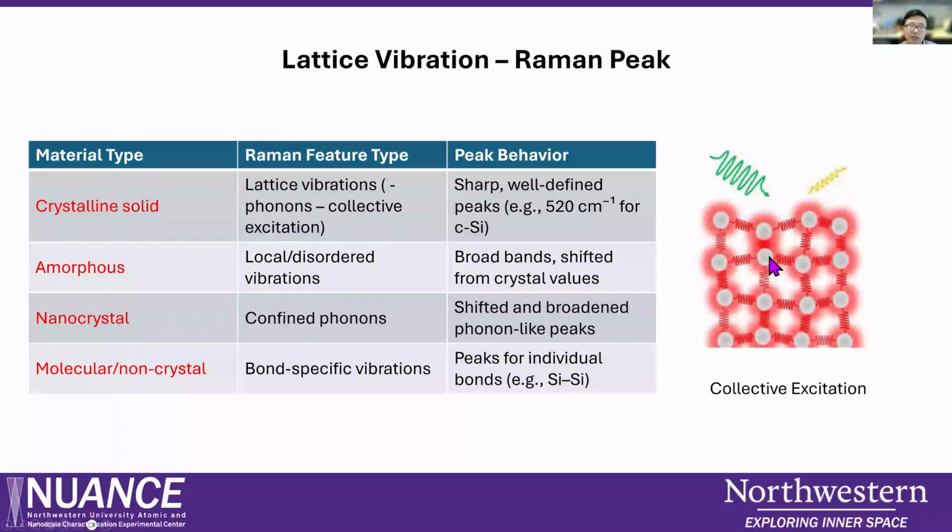For example, for the silicon bond, the individual calculated value is around 400 wave number. For the lattice vibration, this collective vibration is at 520. That is a huge shift because it is a crystal, tightly bonded to each other, and they affect each other. But for molecules that are individually bound, you can detect them individually. If it is amorphous or non-crystal, the peak is between these two, a combination of them.